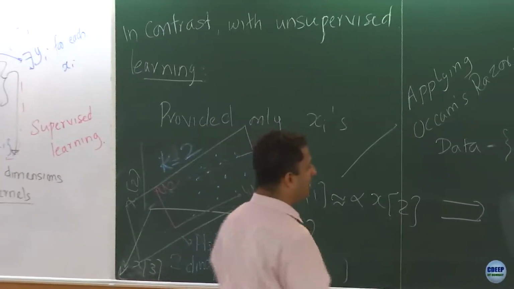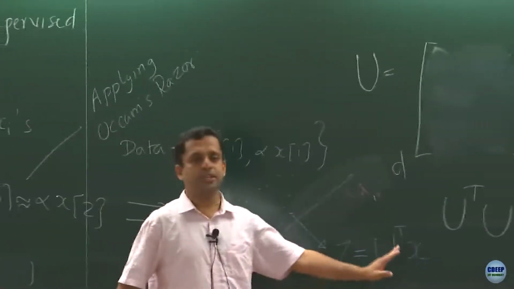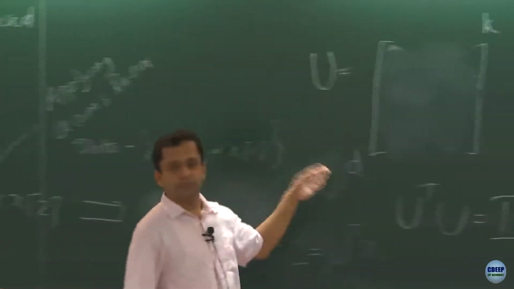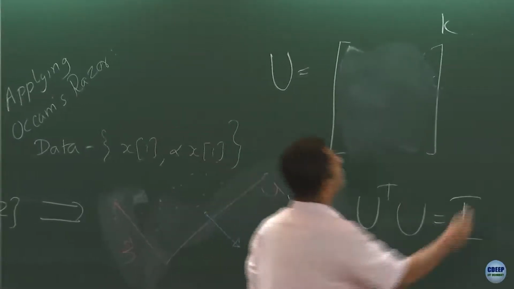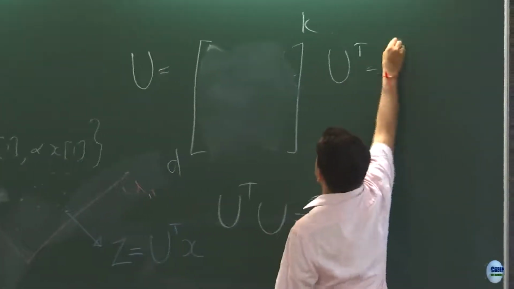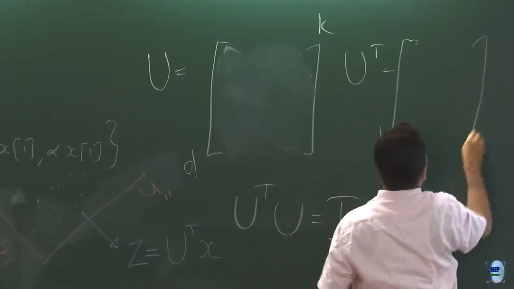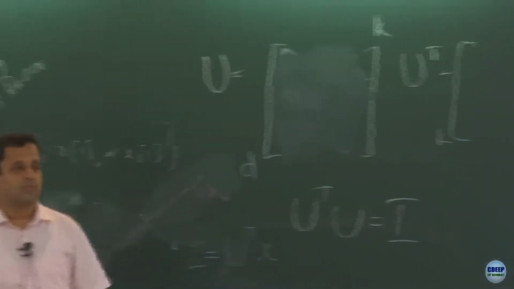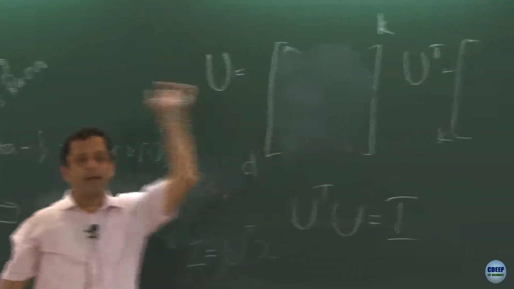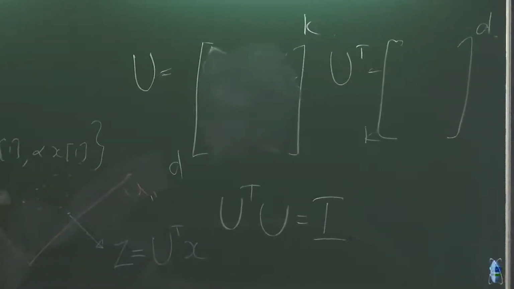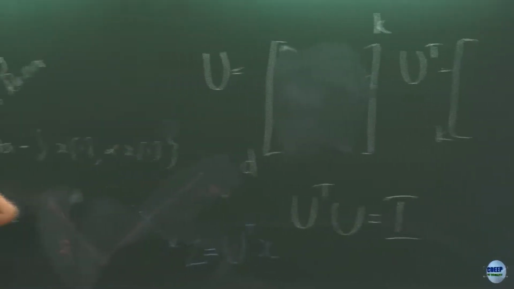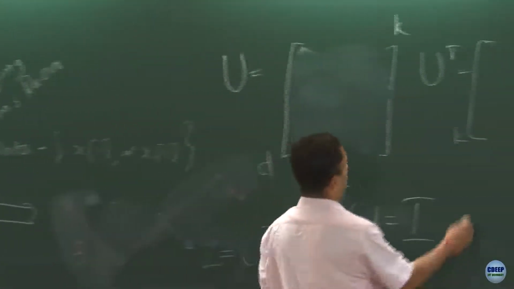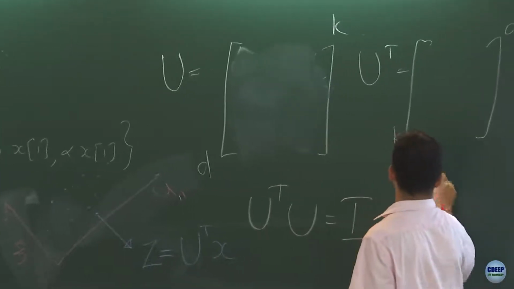So I have basically gone from X to Z using U transpose X, and I have told you the dimension of U. What's the dimension of U transpose? It is K cross D. Now suppose I go back from this smaller dimensional space to the larger dimensional space, K to D. Let's call this X tilde.